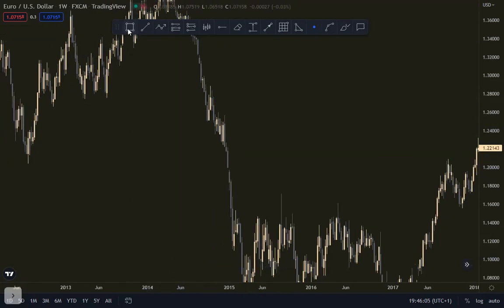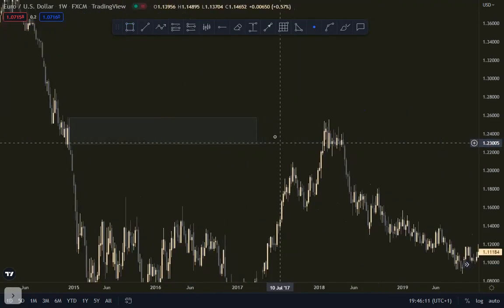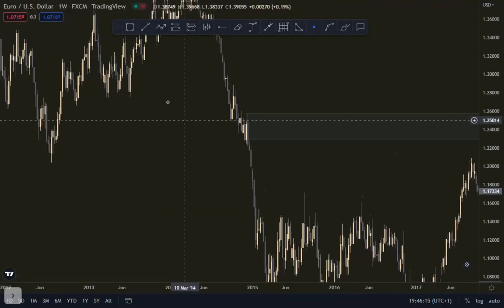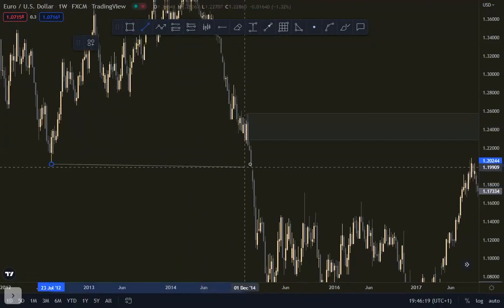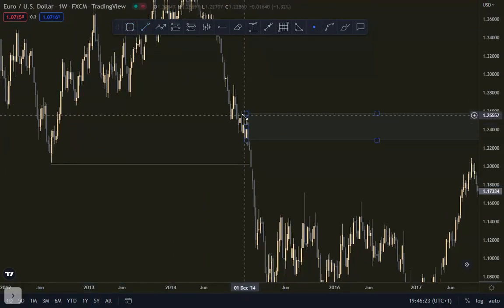Now, what do we do? We map out this order block and then stretch our zone. And what else? It caused an impulsive movement, broke structure. So this candlestick traded higher than the previous candlestick before falling.